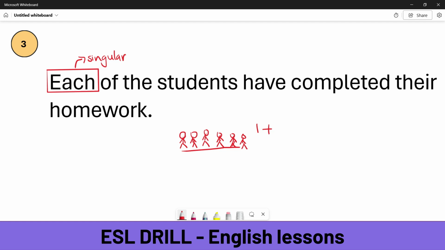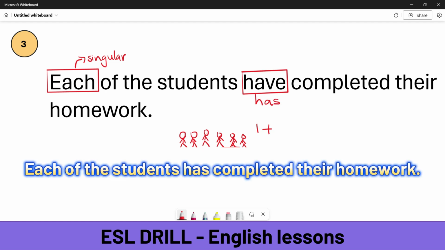It refers to everyone we are talking about, but it is a singular pronoun. Because it is a singular pronoun, we need to use a singular verb, just like we have discussed earlier. Right? Now, what should be here? In place of have, we should use has. "Each of the students has completed their homework."